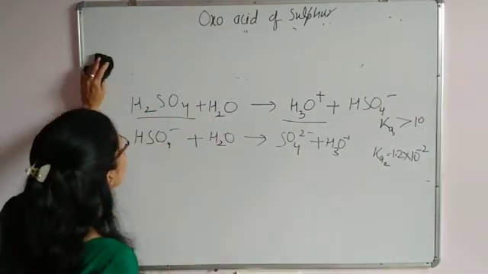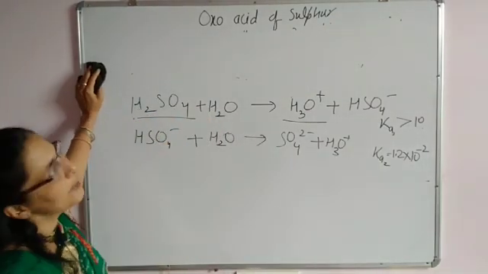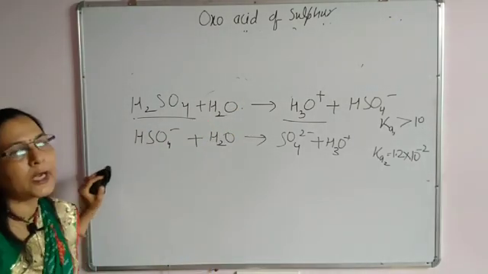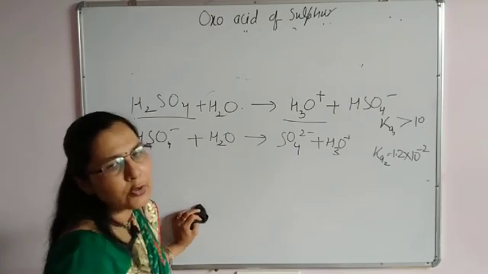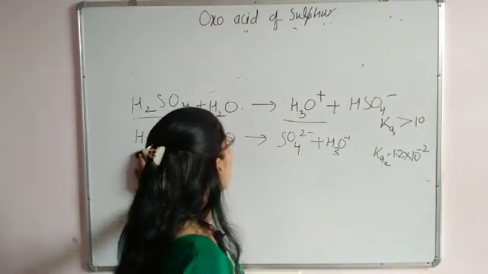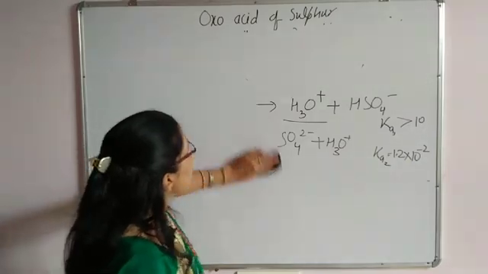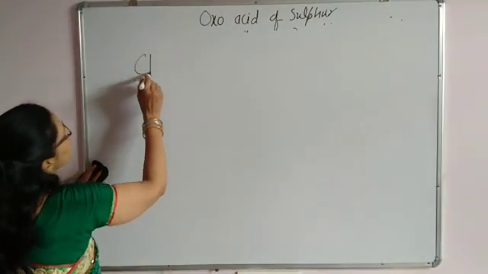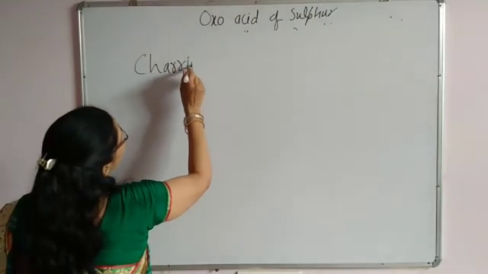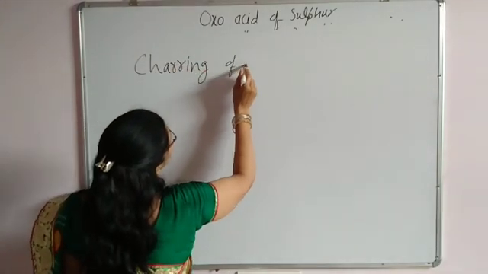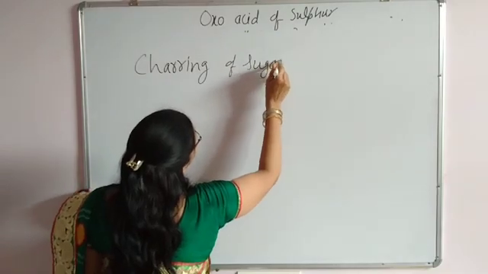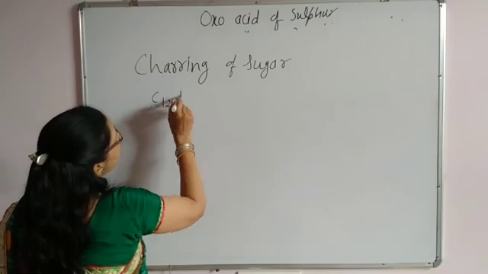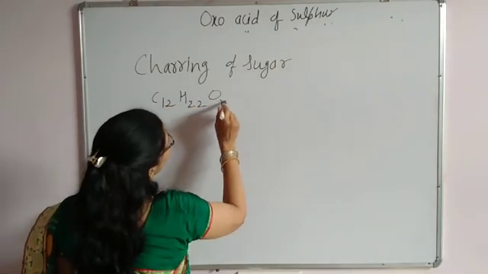We are saying that H2SO4 has higher affinity towards water. Wherever it finds water, it will act as an absorbing agent of water, 100%. Suppose we do a few reactions. The very first reaction is charring of sugar. Sugar is C12H22O11.